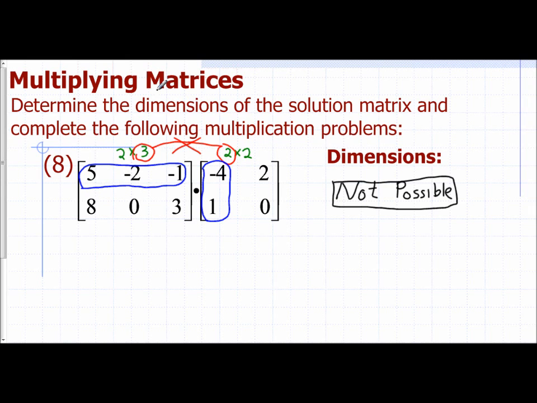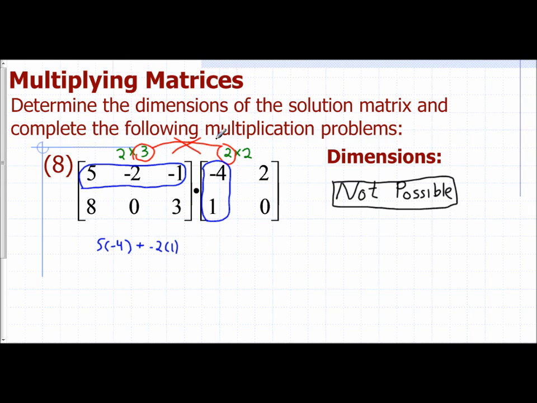I mean, 5 has a corresponding number, it's -4. And then I would take my second number, -2, and I would multiply that by 1. But then I'd get this third number. There is no third number here to multiply it by. And so we see it does not line up. We don't have corresponding parts for our matrices when we do the process.